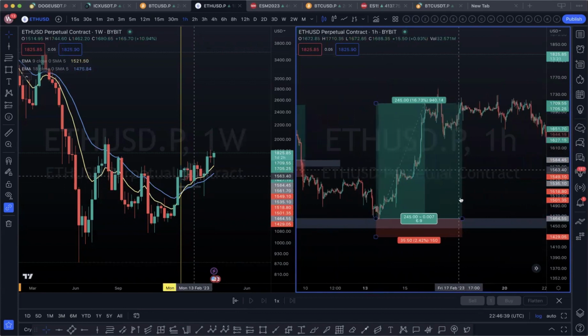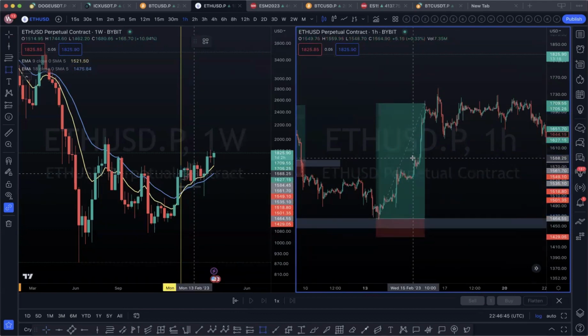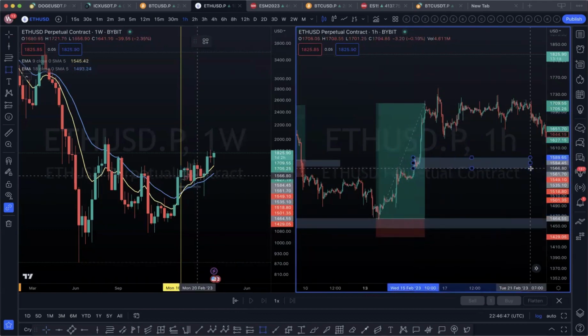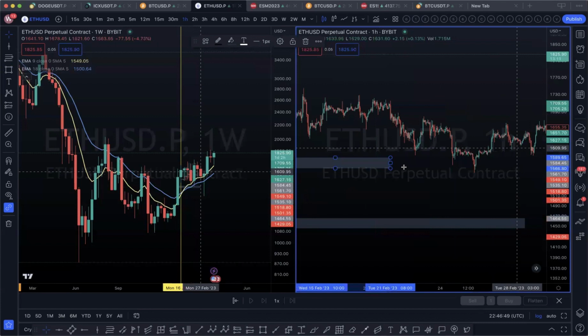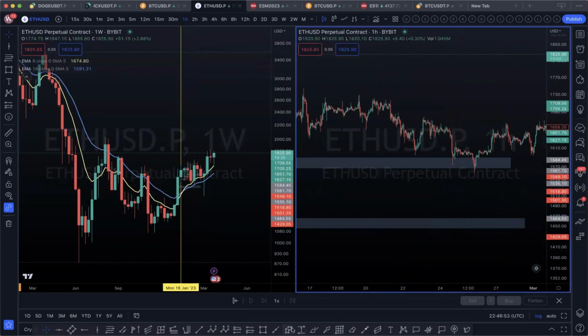And before that, looking at this, we also have another order block right here. Look at when price came back in there for the first time, and the reaction was somewhat poor.